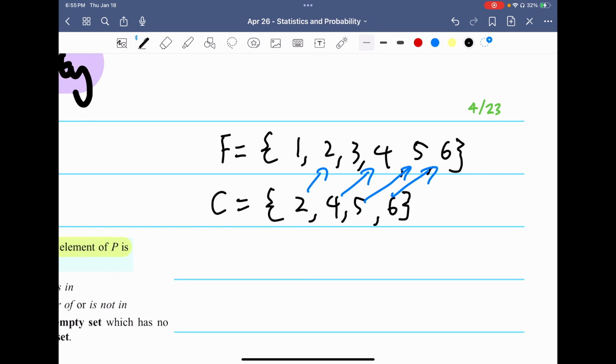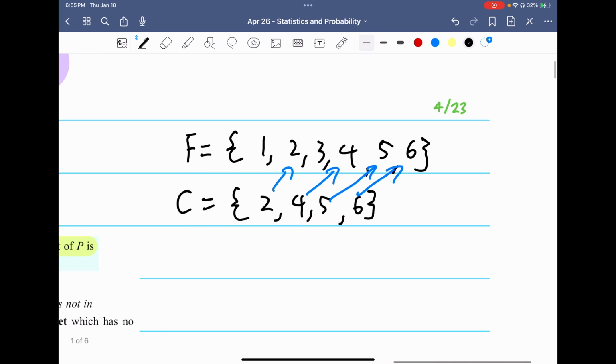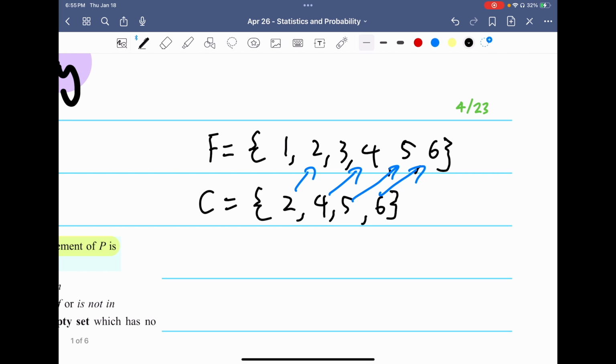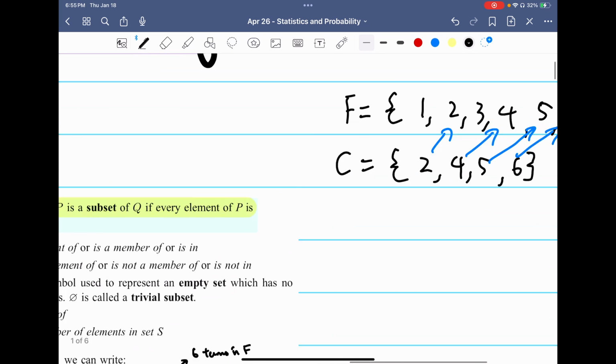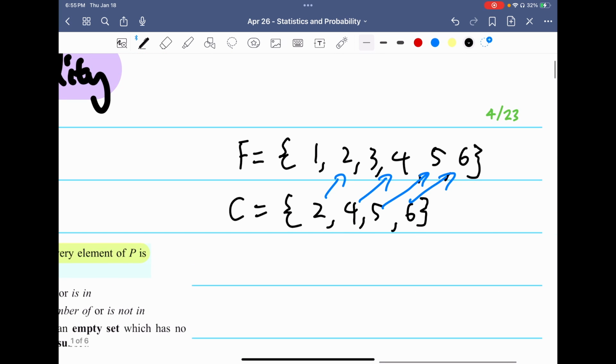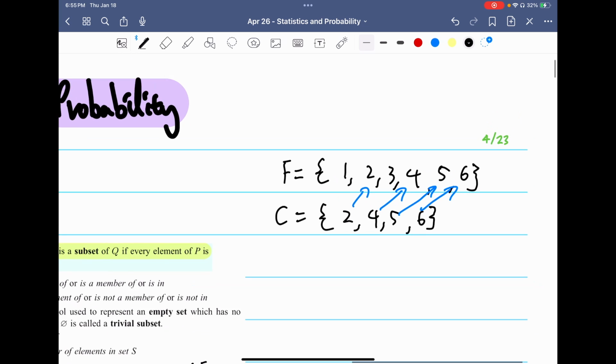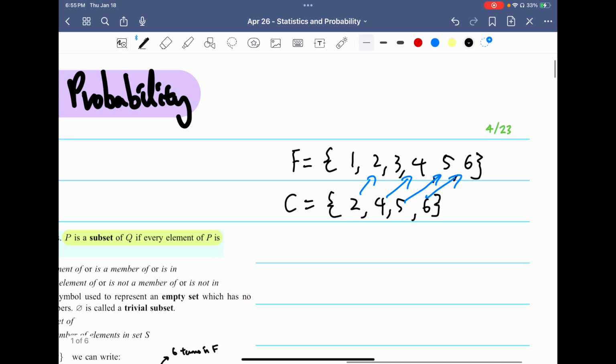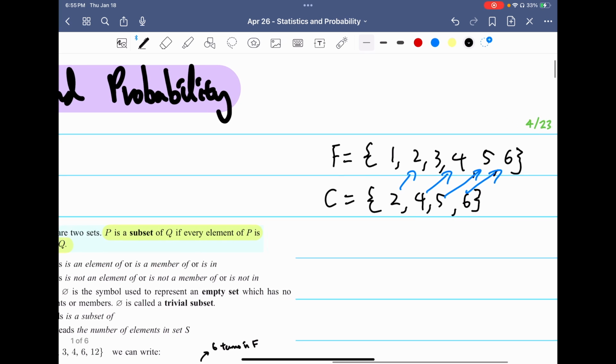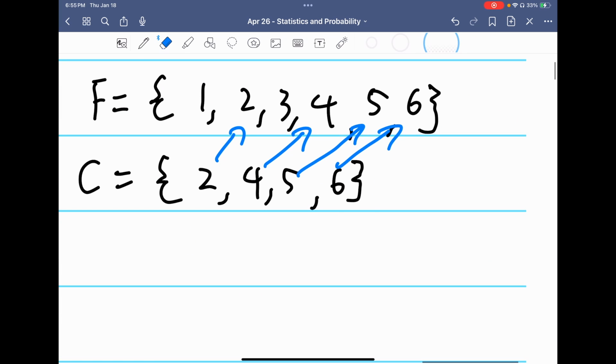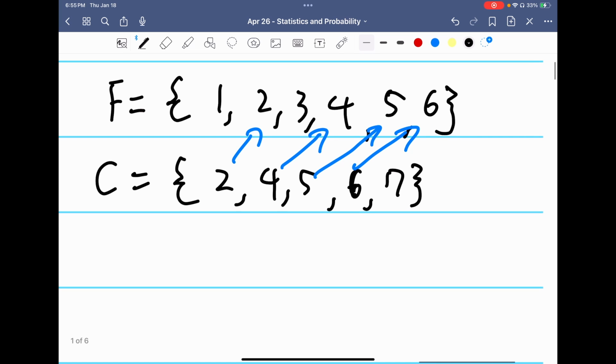Now, because all the elements of C are members of F, C is a subset of F. So F holds C within its own set. All right, that is basically what subsets are saying. If, for instance, C had another value of 7, C would not be a subset of F.